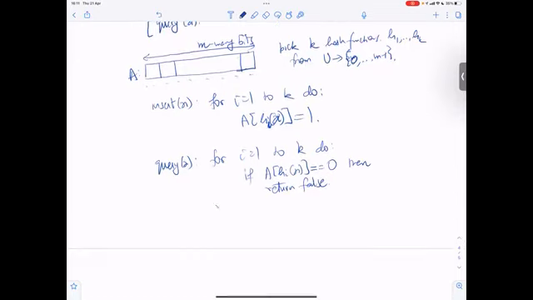And finally return true. So what is happening here? Do you see what is happening here?